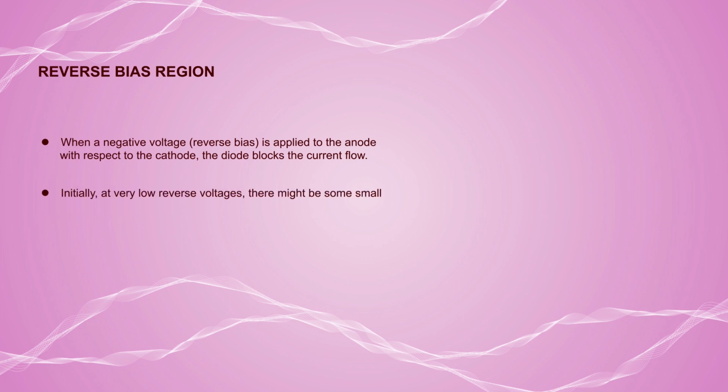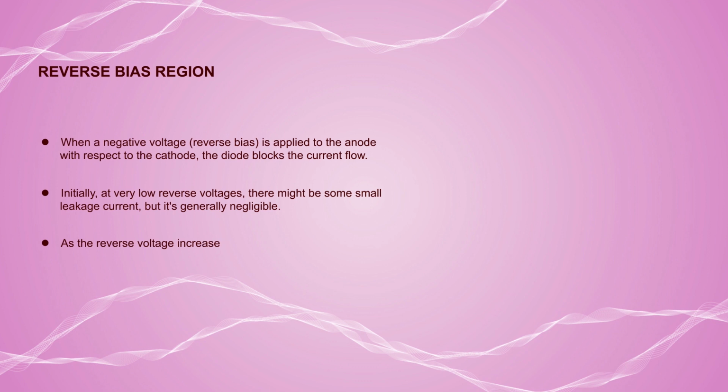Initially, at very low reverse voltages, there might be some small leakage current, but it is generally negligible. When the amount of voltage in the reverse direction is low, a very small current, which is also called leakage current, starts flowing, but its value compared to the actual current is negligible.